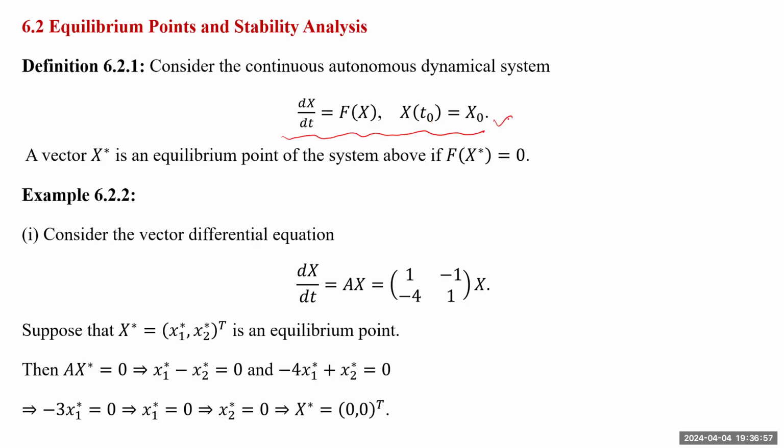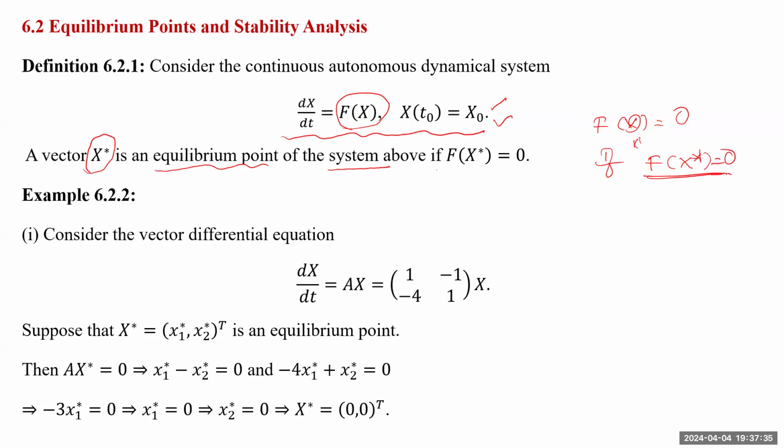Now for this dynamical system, I am going to say the vector x star is an equilibrium point of the system if the right hand side, f of x, when you replace x by x star, equals 0. The condition is f of x star equals 0.